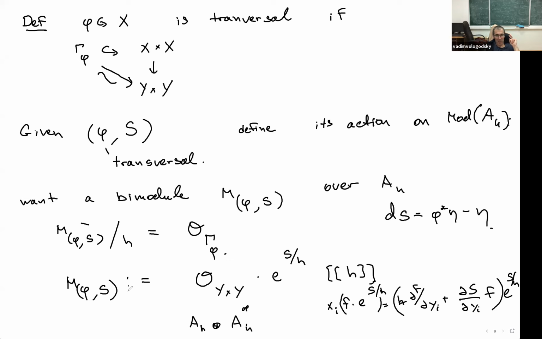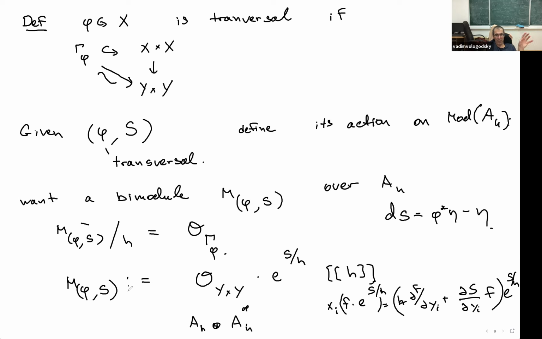So you argue that to give an action of the whole group, it suffices to construct an action of transversal elements and the composition data only for transversal ones.